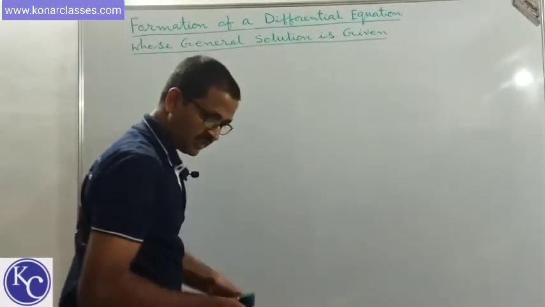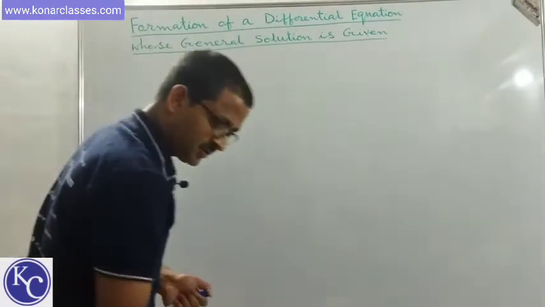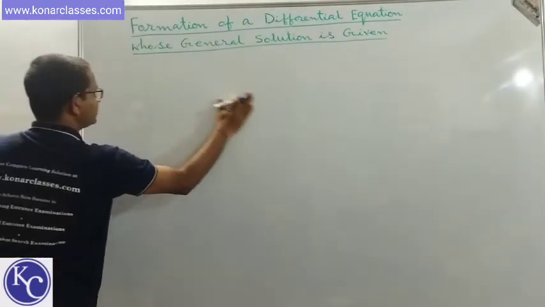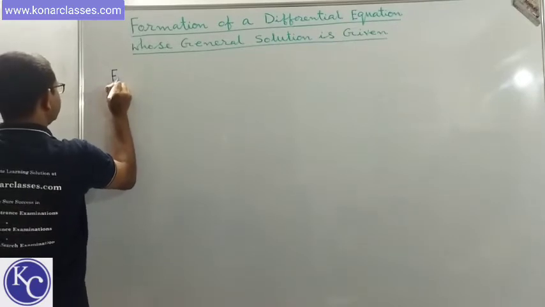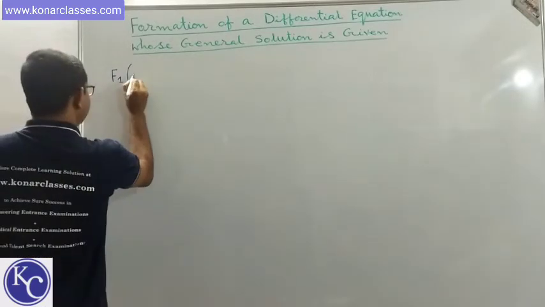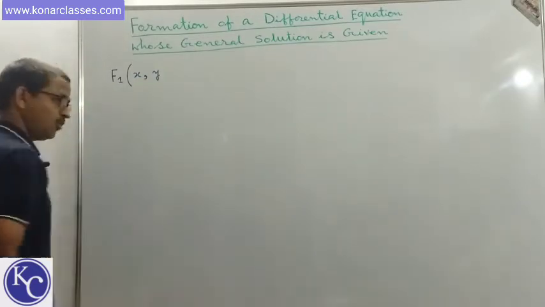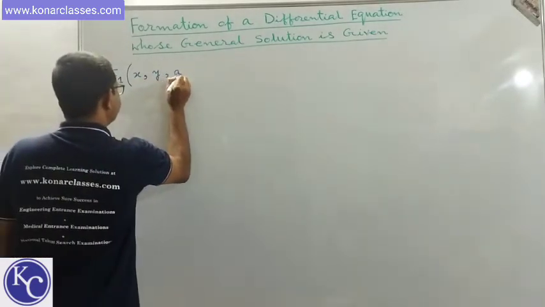Suppose you have a general solution something like this. The curve is f1. It will contain an independent variable x, a dependent variable y, and an arbitrary constant a.